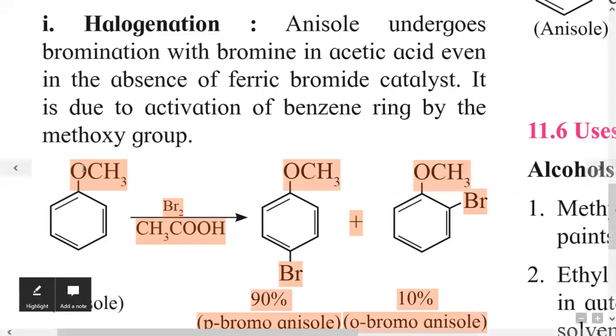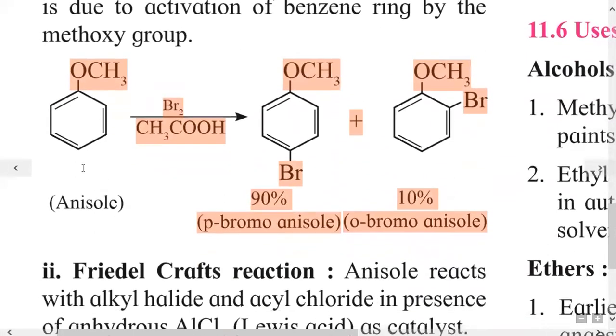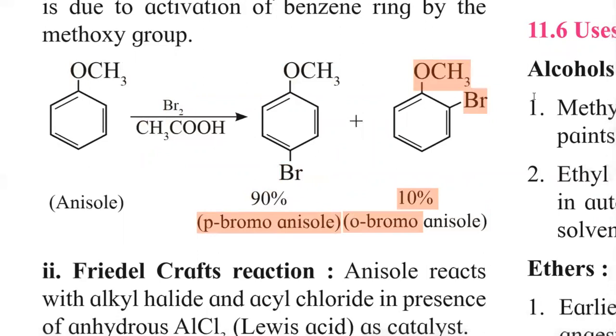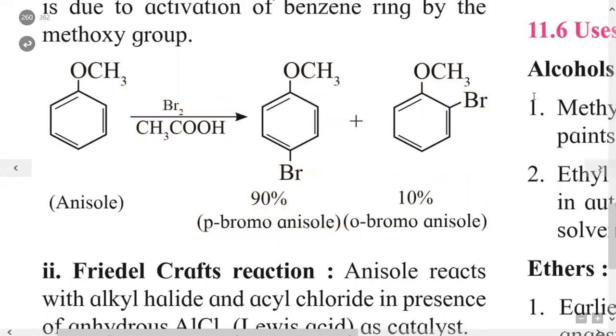Then we get substitution of the bromine group at the para position and at the ortho position. But here the major product contains the substitution at the para position because of less steric hindrance than at the ortho position, and therefore the para product is the major product. Here para bromoanisole and ortho bromoanisole are formed.